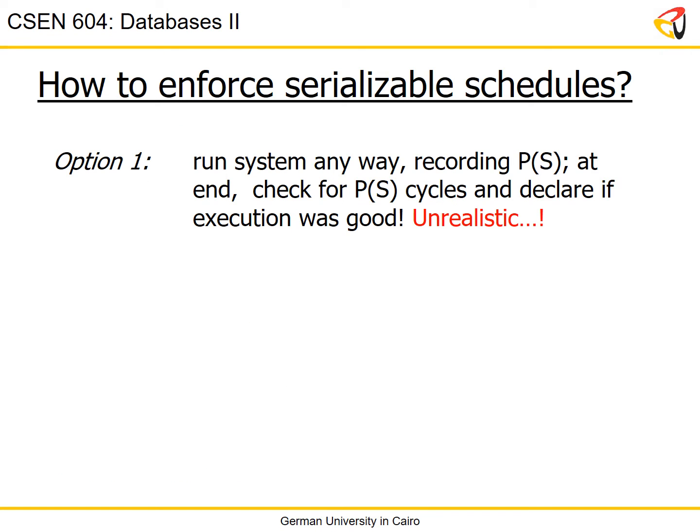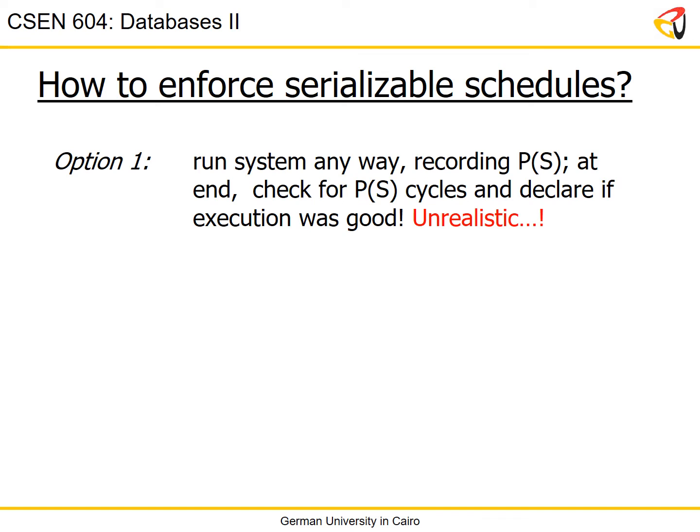So let's take it step by step before I show you the real thing. What can we do to enforce a serializable schedule? A very naive, unrealistic scenario is what I have here in front of you, which is to run the system anyway, okay? And whatever happens, happens. And then record what's going on, the sequence of reads and writes, so interleave them anywhere you like.